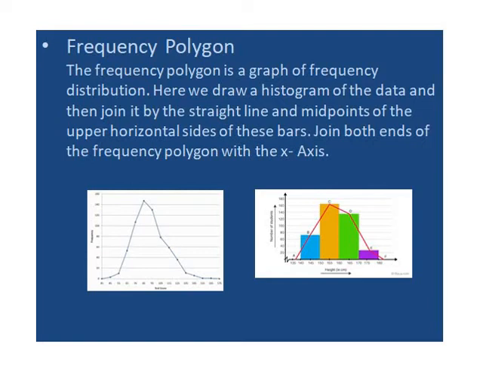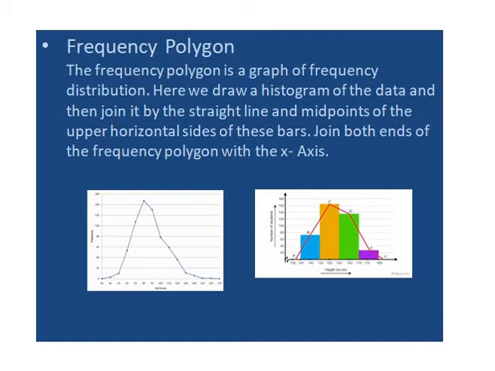For example, if the period is 10 to 20 and the value on your y-axis is 20, you mark it, and the middle point of each rectangular bar is marked. Using a scale, we draw straight lines joining each plotted mark, and we come down to the axis. That is the frequency polygon.